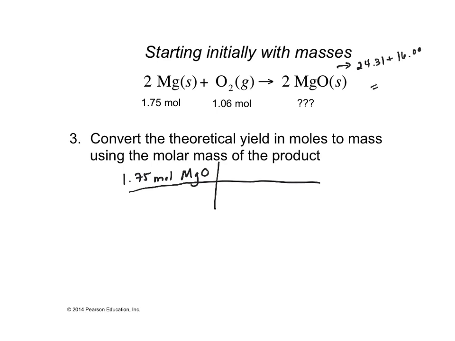When I add those two together, I get a molar mass equal to 40.31 grams per mole. So I have the moles, and I want to convert to grams. What am I going to do with my molar mass? I'm going to multiply the moles by the molar mass to get back out to grams, because this is 40.31 grams for every 1 mole of MgO. So our theoretical yield in grams is 70.5 grams of magnesium oxide.